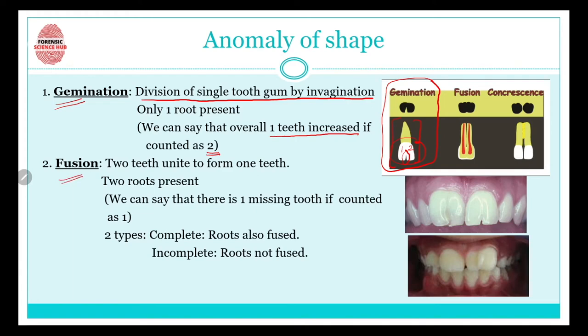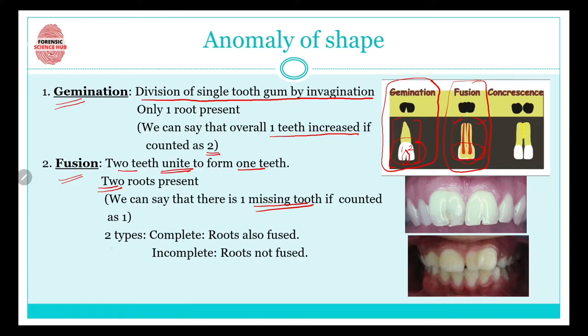Whereas in fusion, two teeth unite to form one tooth. If you look at this picture, we have two separate teeth and they have united with each other. So we have two roots in this case. We can say that there is one missing tooth because two teeth have united and now it looks like just one tooth.